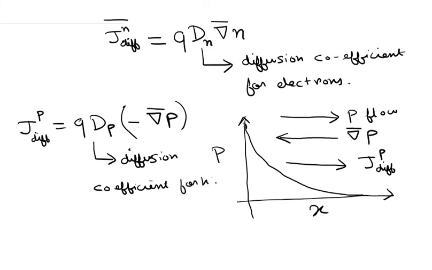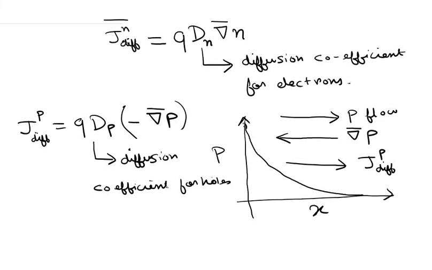for holes. So the diffusion coefficient of electrons or of holes are measures of how fast electrons or holes can flow. It takes into account how fast these carriers can flow.